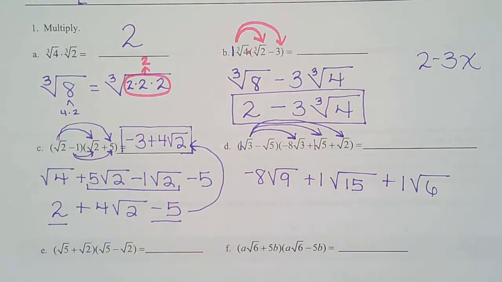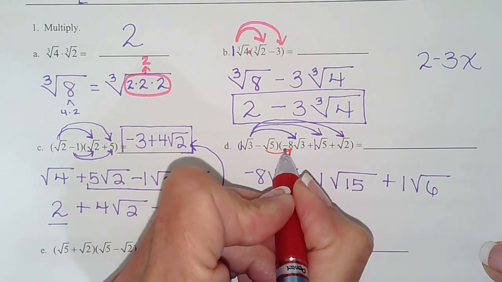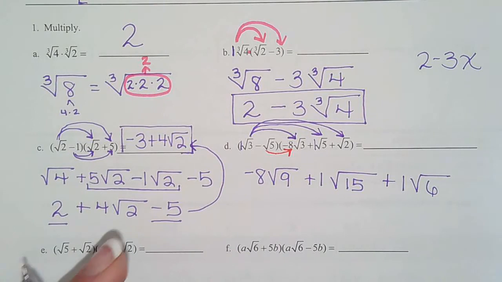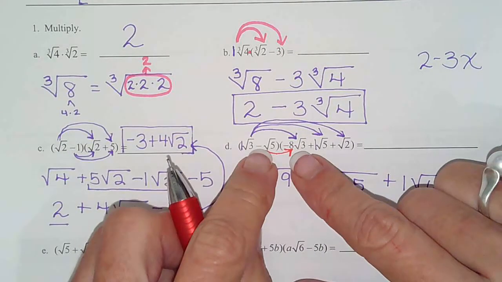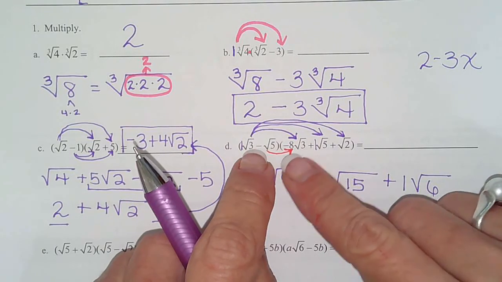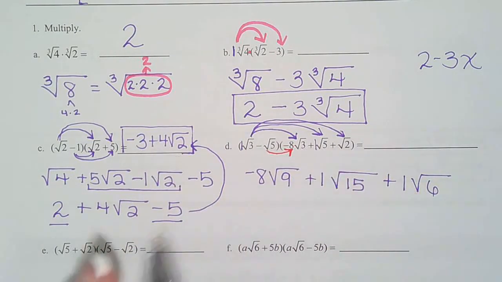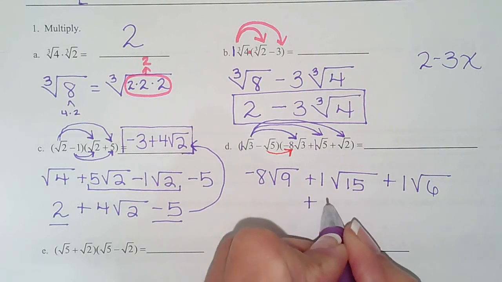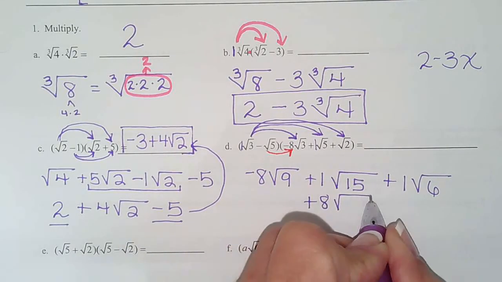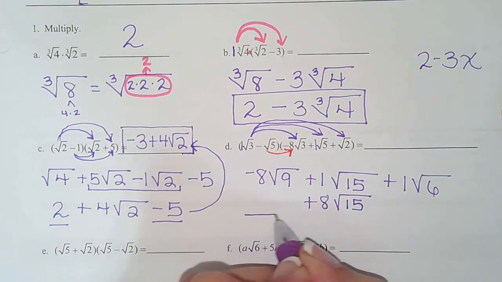So that's just the first set of distribution. Then remember from chapter 4, we also have to distribute the second number to everything inside the parentheses. So a negative times a negative is positive 8 radical 15. And if you remember from chapter 4, on the second round, we lined up our like terms to make it easier to add them later.